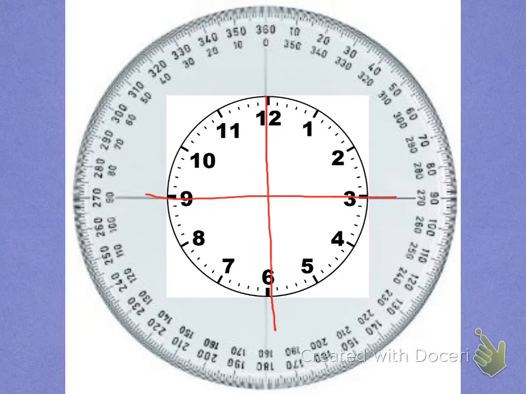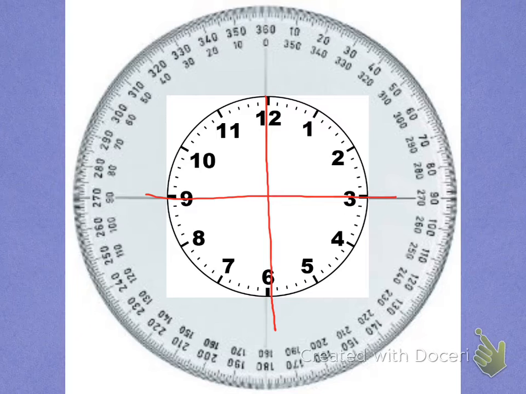So if we are traveling clockwise around the clock, that means to the right all the way around, we are going to use the bottom set of numbers. If we are traveling the opposite direction, then we're going to use the other set of numbers on the top of the full circle protractor.